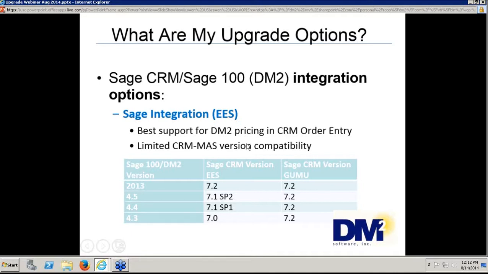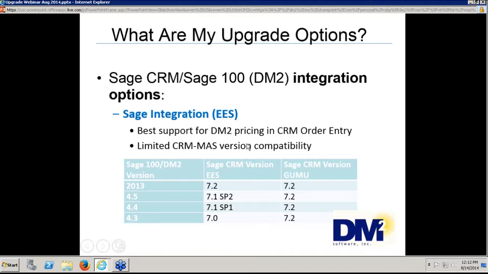With the Sage integration, it totally depends on the version of MAS that you're on. And at best, even with 2013, the Sage integration still does not combine multiple MAS companies into a single database in CRM. It would actually be separate databases in CRM, which is completely unworkable, really, for most people.